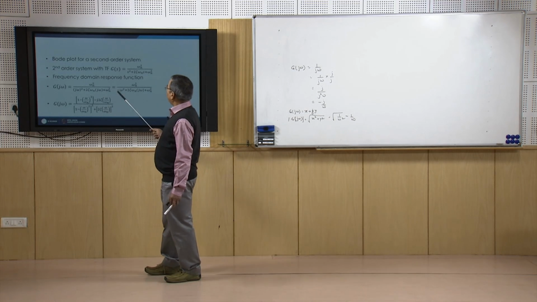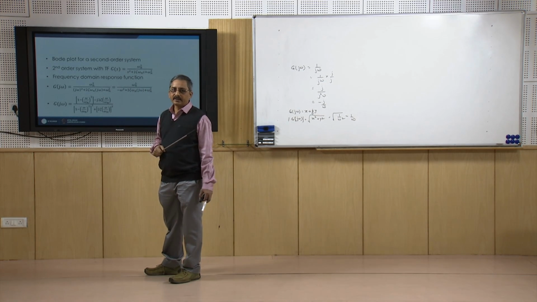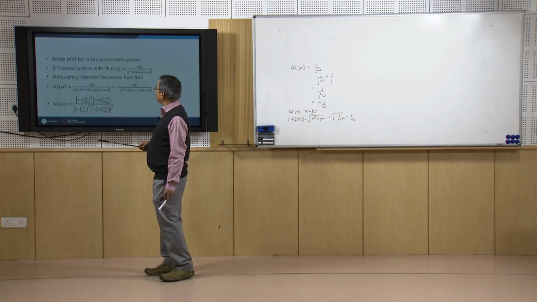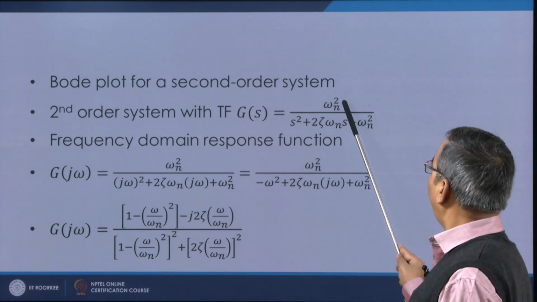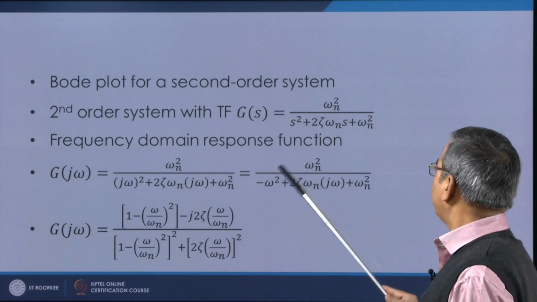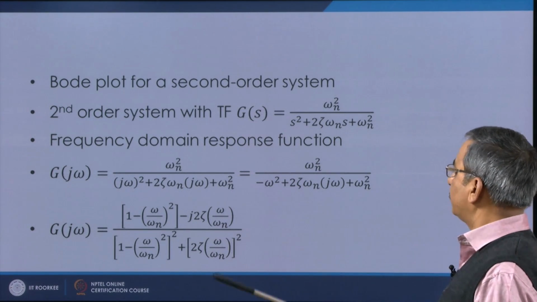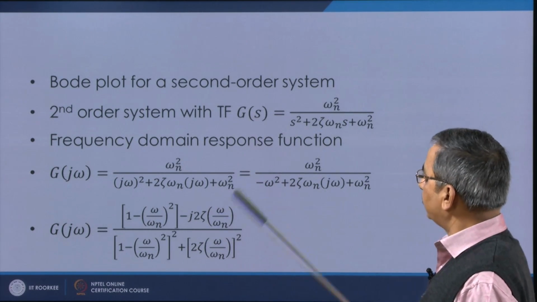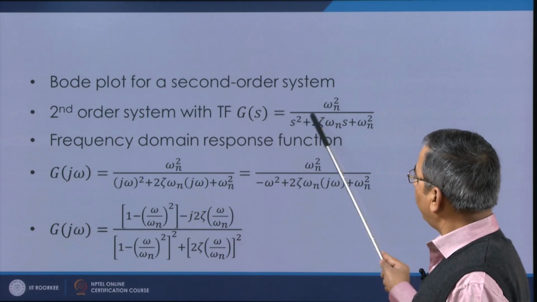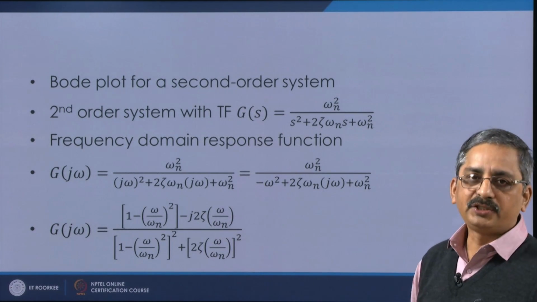Now, let us see the Bode plot for a second order system. If we have a second order system, say with the transfer function G(s) equal to omega n square by s square plus 2 zeta omega n s plus omega n square, the frequency domain response function can be obtained for this second order system by replacing s by j omega.